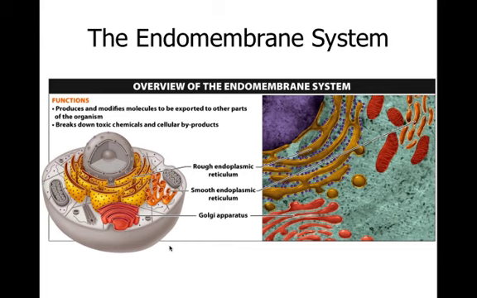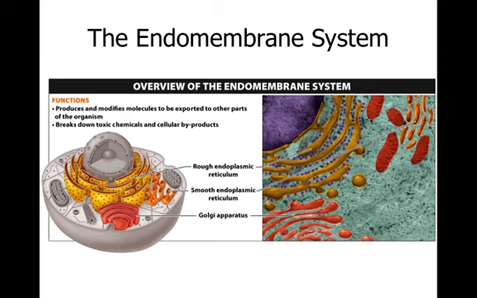The function is to produce and modify molecules to be exported to other parts of the organism. So using our rough endoplasmic reticulum, our smooth endoplasmic reticulum, and the Golgi apparatus, we make molecules that then need to be exported, or shipped out of the cell and sent to other parts of the body.